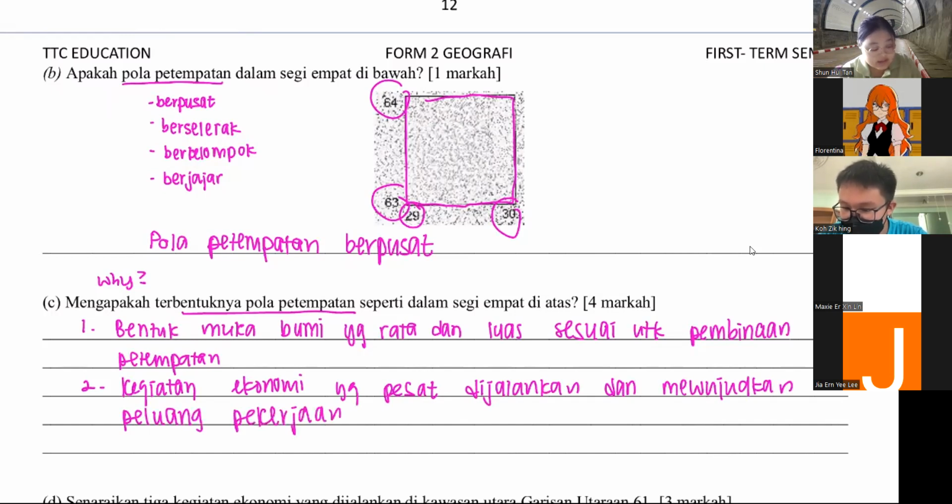All right. Other than that, you can also tell me what you see. We can see there's a lot of jalan raya, right? So you can see there's a good facility: jaringan jalan raya yang baik.